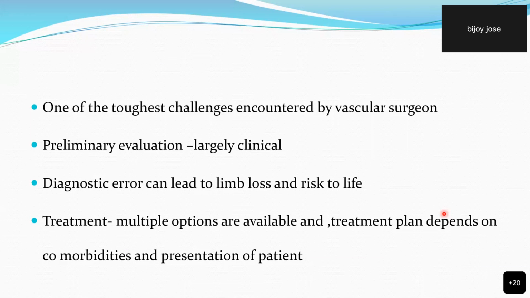It doesn't mean that all patients coming with category 2A or 2B fall into this management protocol. Management decisions depend upon how the patient presents, the limb ischemia status, and the comorbidities, whether the patient is fit for a major procedure or not. So comorbidities are very important in making the decision.